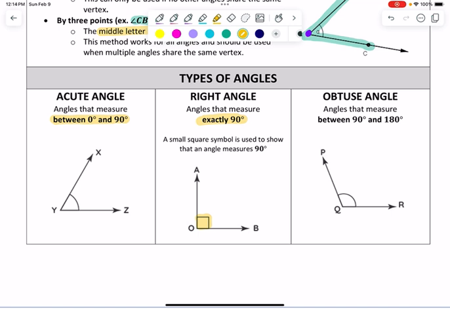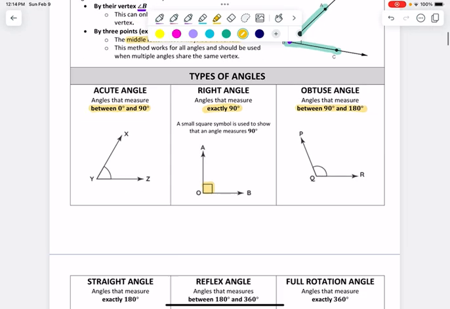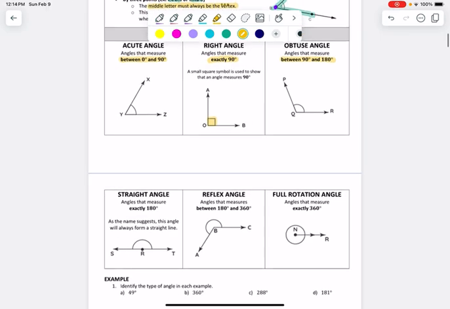An obtuse angle is one that measures between 90 and 180. So that could be anything from 90.1 to 179.99999, but that's what makes it obtuse. Now, these three angle types I'm sure you've heard of before, but there are also three additional angle types.